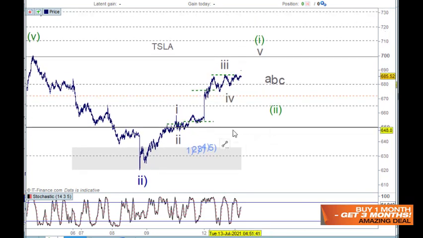And so we've done that, and I've sort of rearranged this a little bit, but in a nutshell, I'm just looking from wave 2 here. I'm looking for 1 and 2, and 1, 2, 3, 4, 5 for the third wave, fourth wave here, and fifth wave here. So once again, in line with the S&P 500, we're looking for some sort of ABC pattern here before pushing up higher through here.